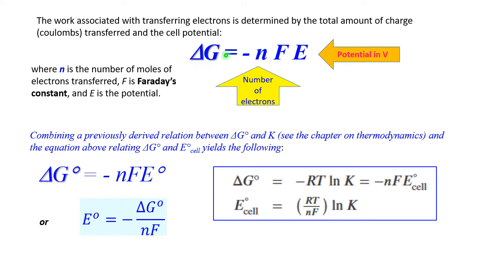So our free energy delta G, which is a measure of work, is proportional to the number of electrons, to the potential in volts, and to the Faraday constant, which is simply a conversion factor.